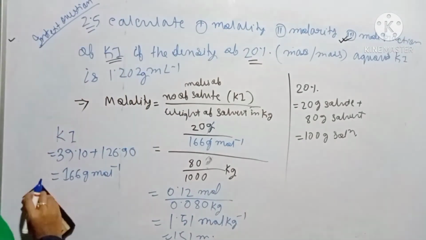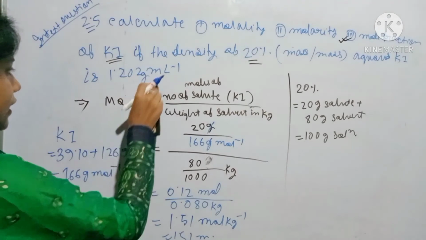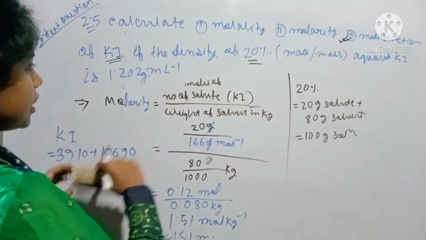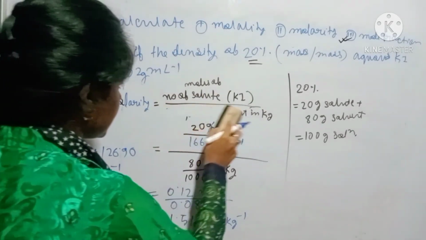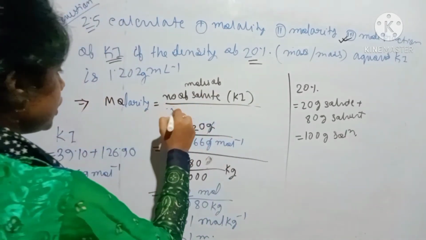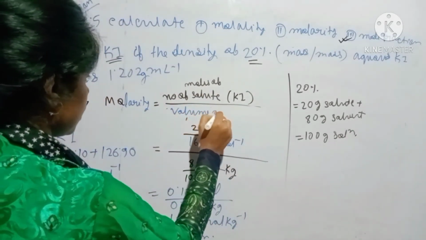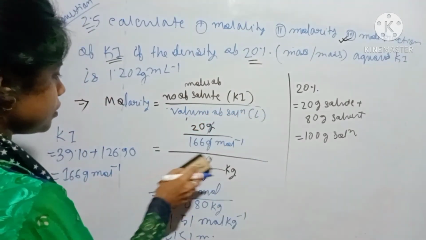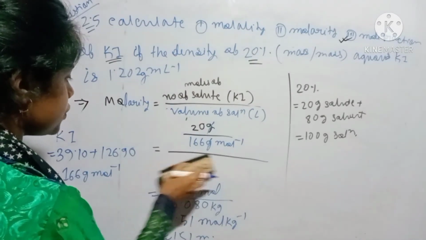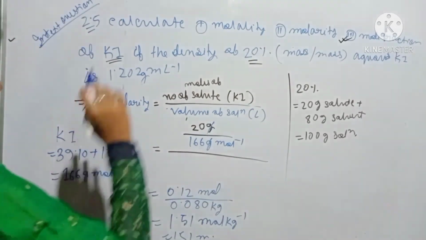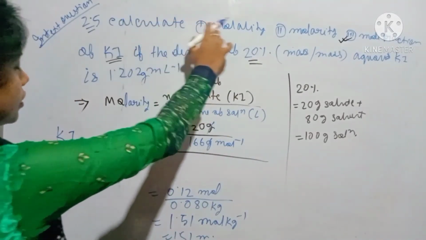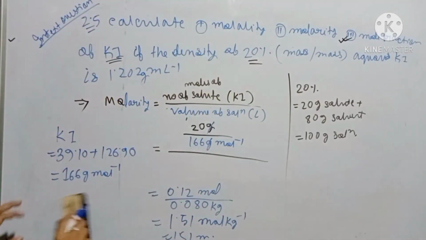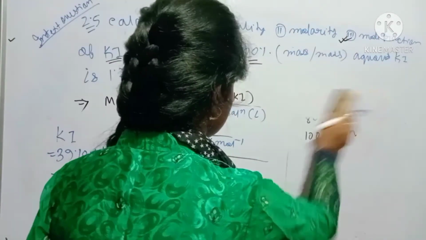After that I have to calculate molarity, which is moles of solute in the numerator and volume of solution in liter in the denominator. So the numerator remains the same, I have to change the denominator. The volume of solution is not given, but here density is given, and from density we can calculate it.